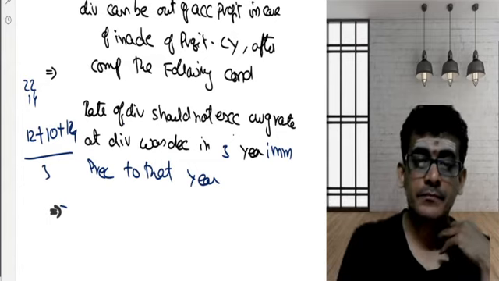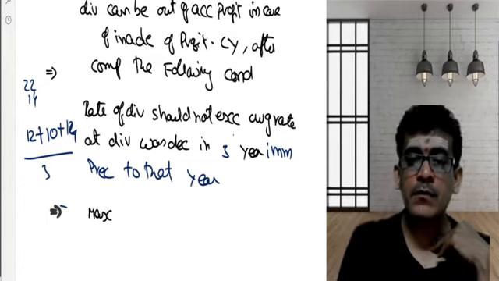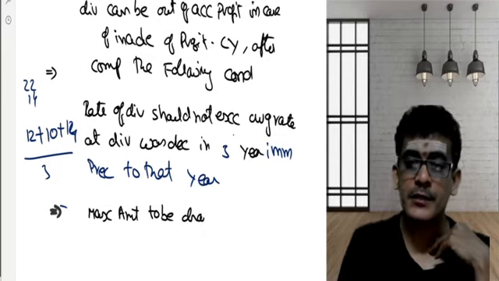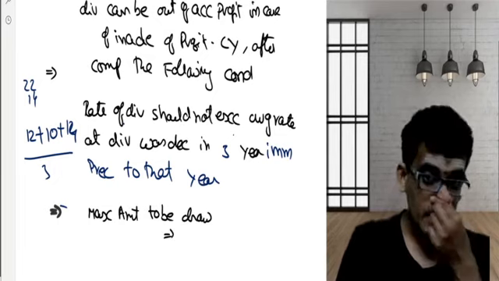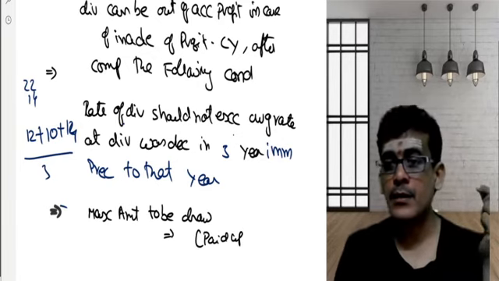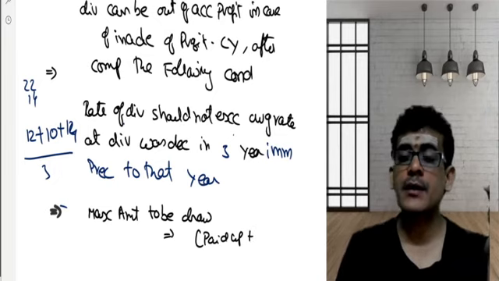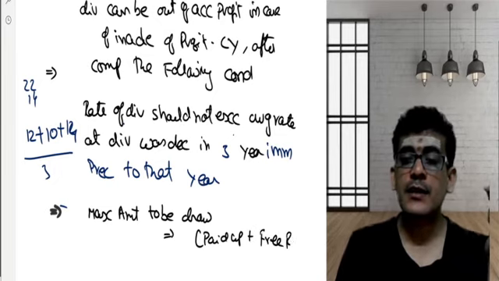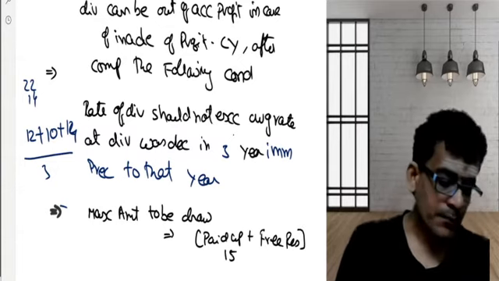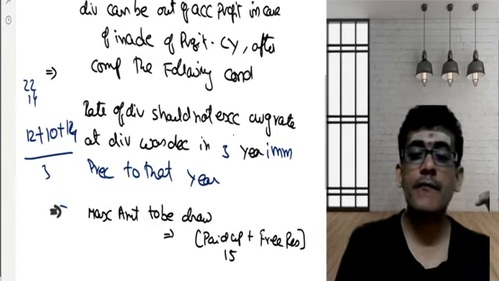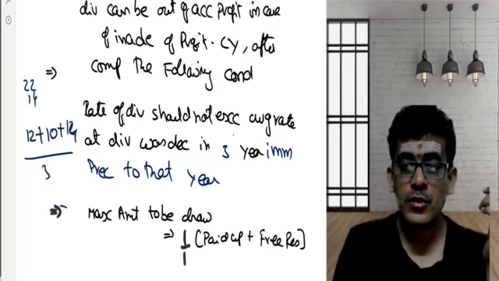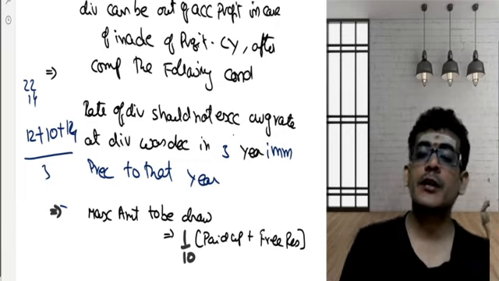What is the maximum amount to be drawn? Take your paid up capital plus free reserves, and of that, take 1/10. That is the maximum amount which you can draw.